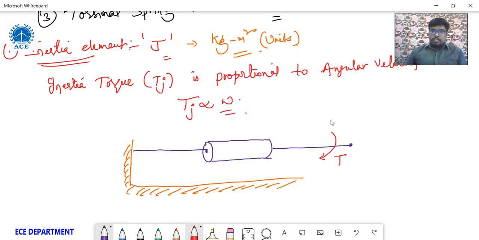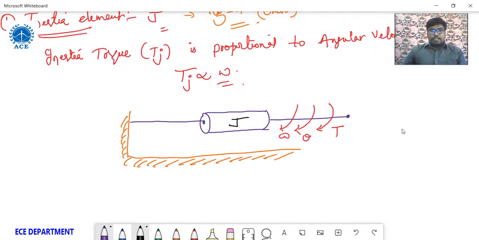T is a torque, and here is the displacement, and here is the velocity. Now this is the inertia element J.